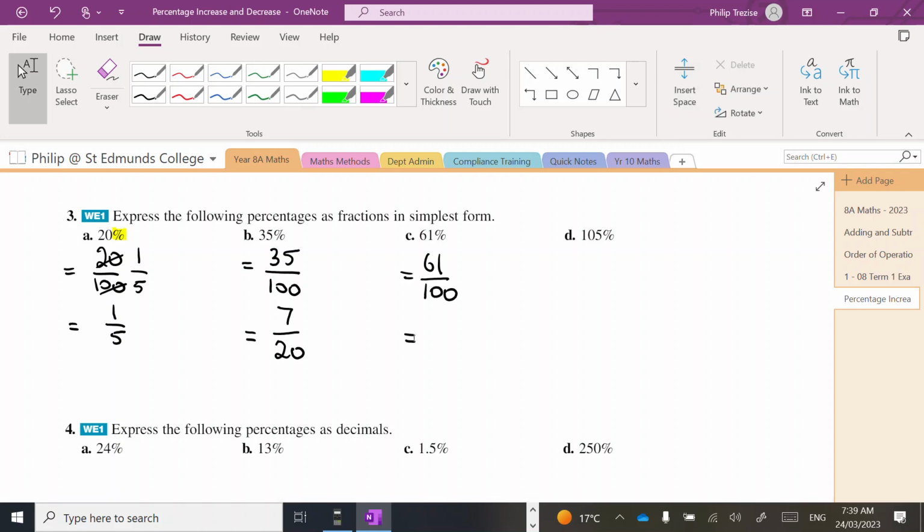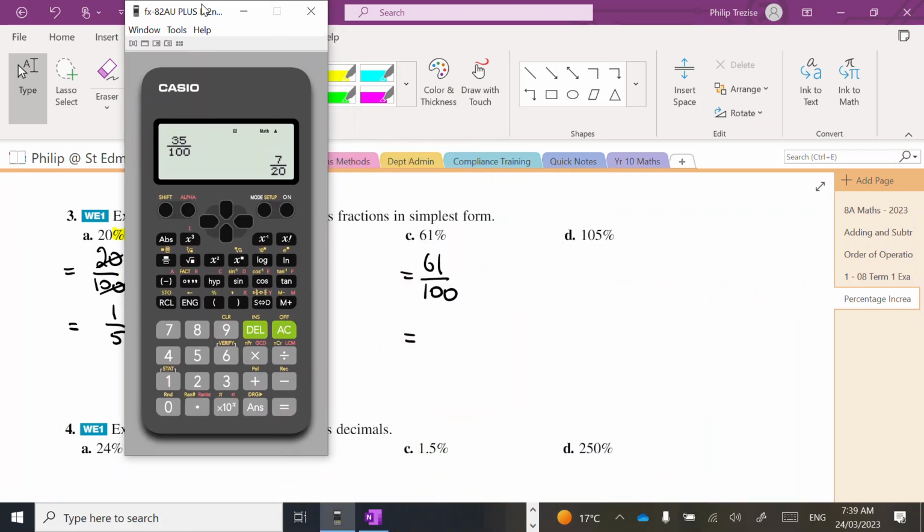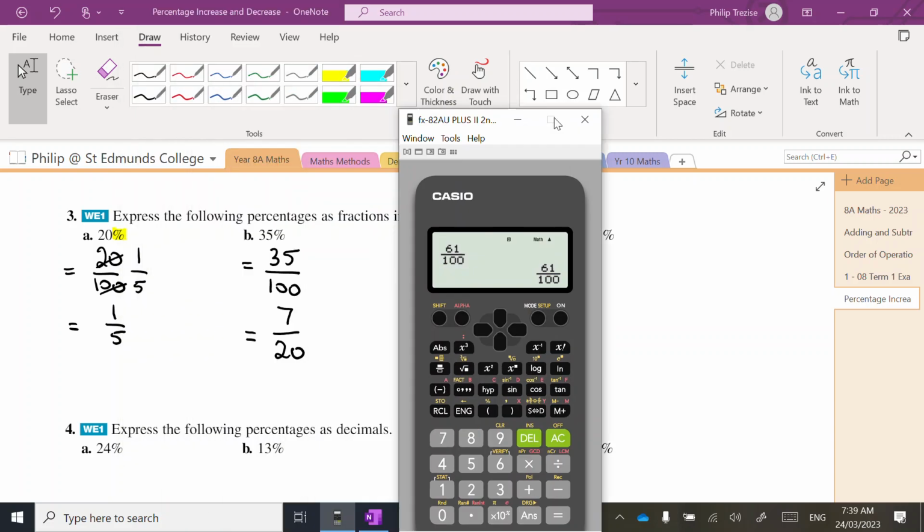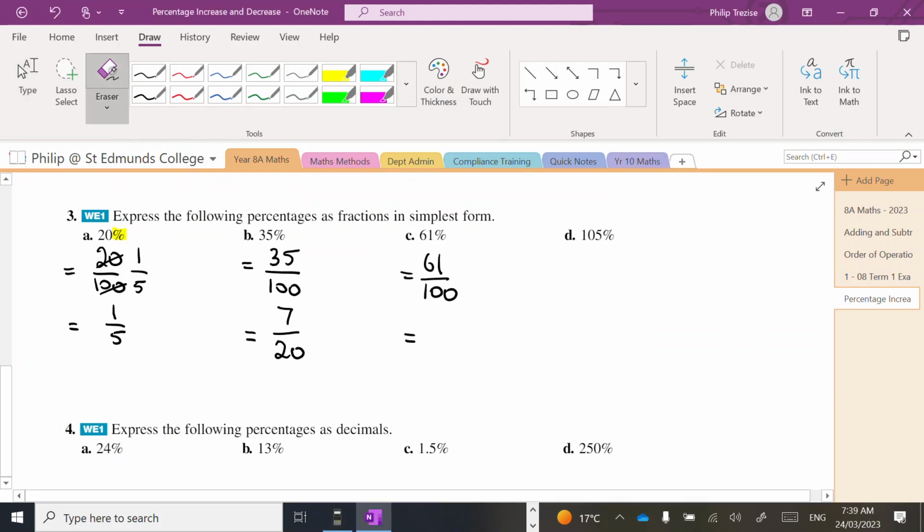Again, I'm not sure if there's going to be anything that will cancel down here, so let's use the calculator to be sure. 61 over 100, and it hasn't changed, so that is already in simplest form. Sometimes that happens.